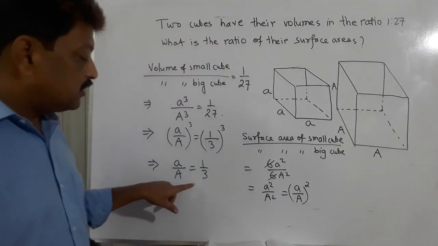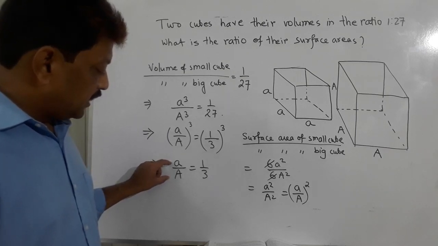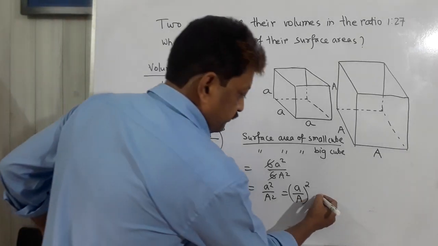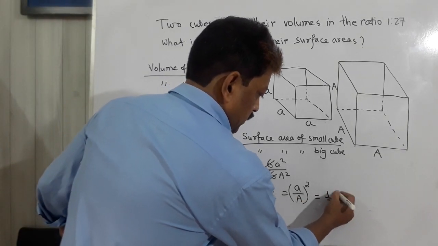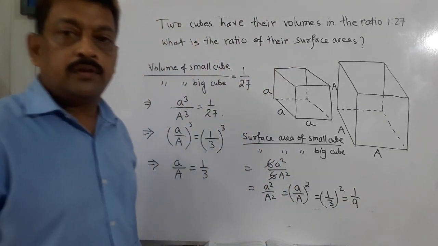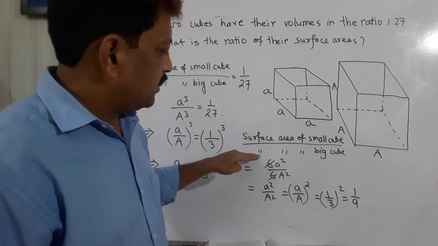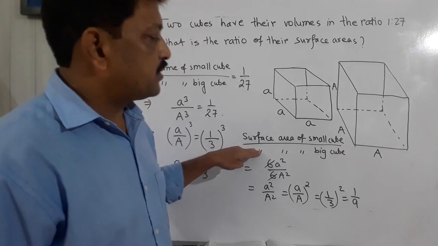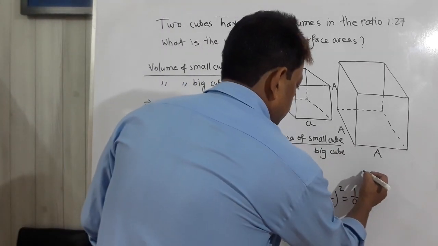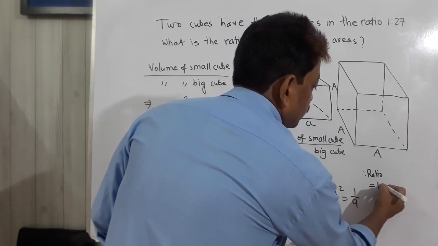Here we know the relation between small a and capital A, that is small a upon capital A is 1 upon 3, and here it is the square of it, so it will be 1 upon 3 square, that is 1 upon 9. Therefore the surface area of small cube upon surface area of big cube is 1 upon 9. Therefore the ratio is 1:9, that is the answer.